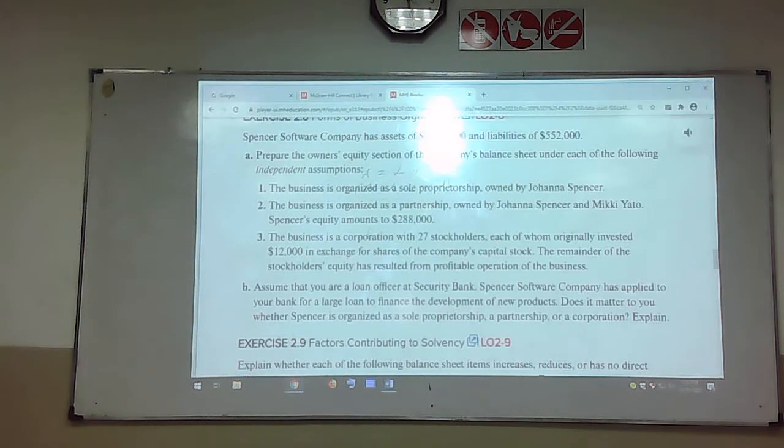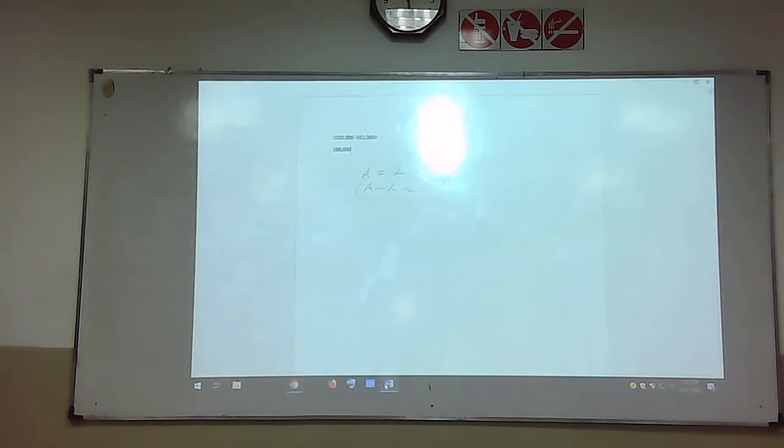And then you have this part, where the business is organized as a corporation, 27 into 12,000.